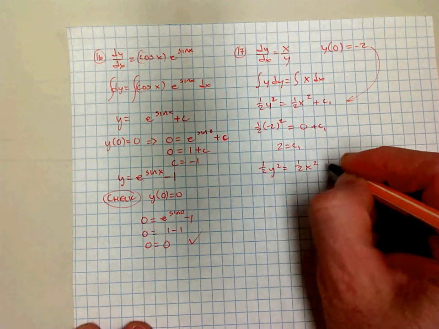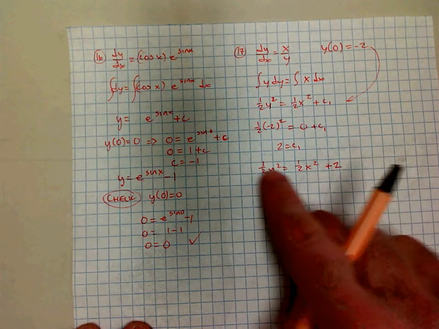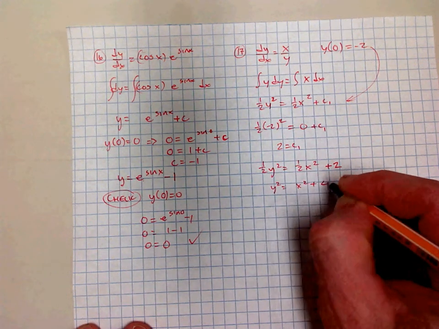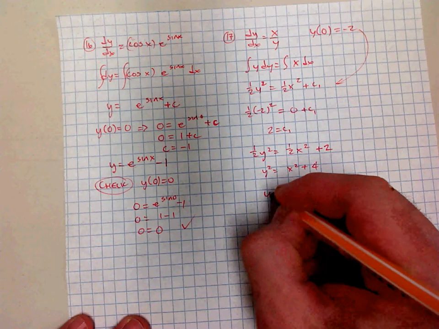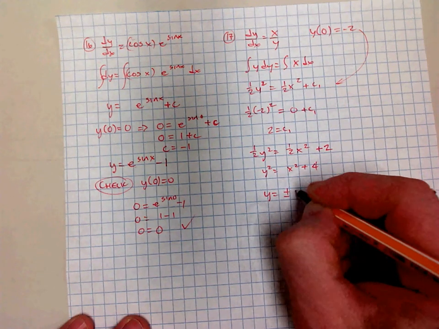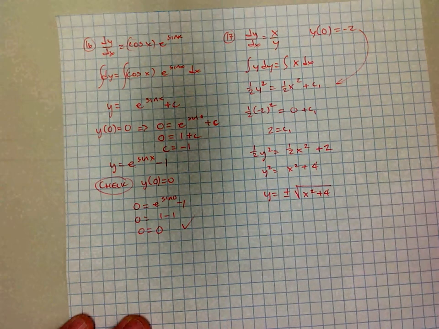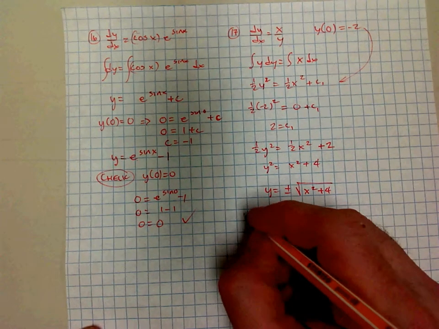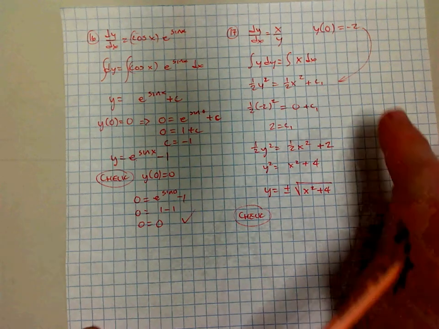Multiply everything by 2. y squared equals x squared plus 4. Take the square root of everything. y equals plus or minus the square root of x squared plus 4. Now, again, do not forget to check. And let's put our initial conditions in. y equals negative 2.